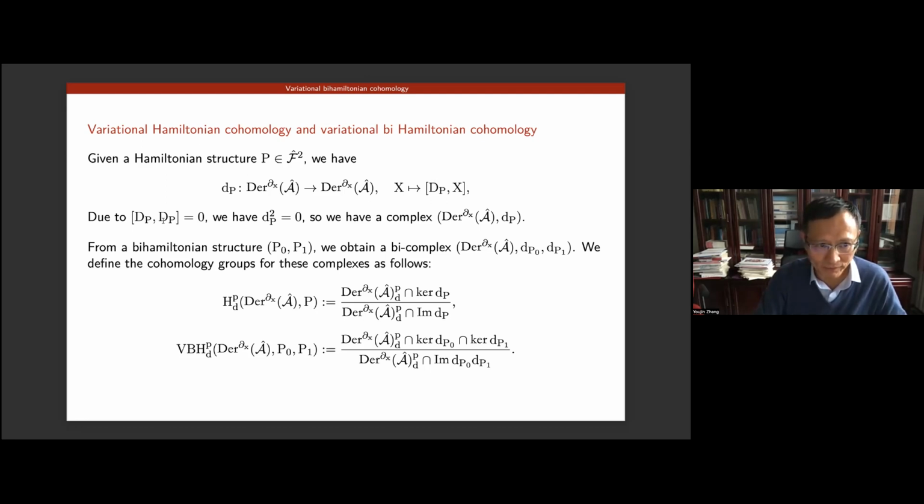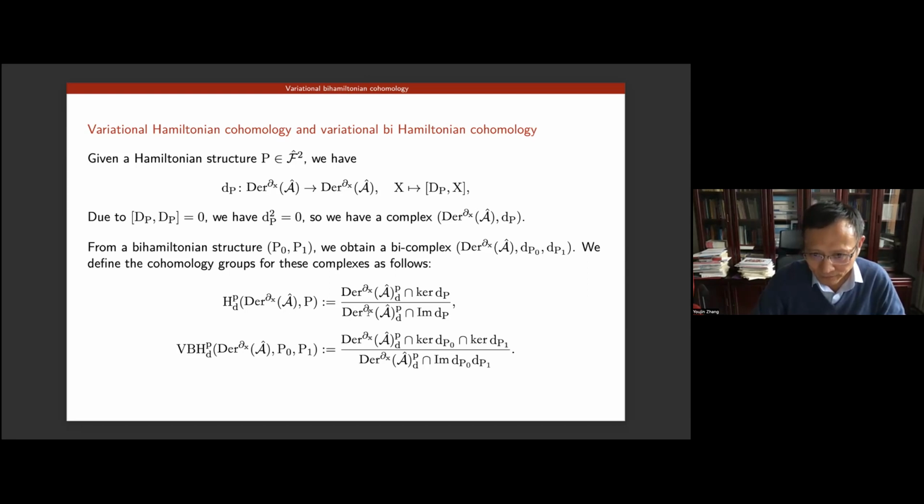Because dP and dP, this odd derivation, is commutative with respect to the Schouten-Nijenhuis bracket, we have dP as a differential, and we have a complex formed on the space of evolutionary vector fields, the space of derivations. Okay. This means that given a Hamiltonian structure of hydrodynamic type, we have this complex, and if we have a bihamiltonian structure given by P0 and P1, then we have a bicomplex formed by the differentials dP0 and dP1, and for this complex we have these cohomology groups.